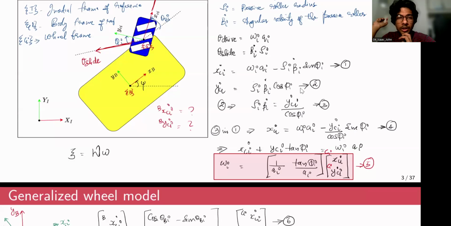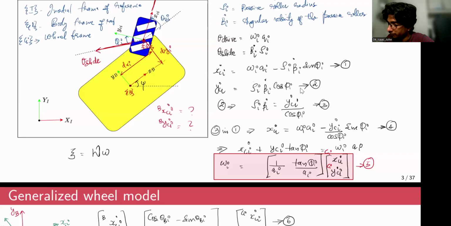So what you do is, if you consider the position vector of the Ci with respect to Bi, I'll label this position vector. If I call this distance dyi, the vertical distance, and if I label this horizontal distance as dxi, right?